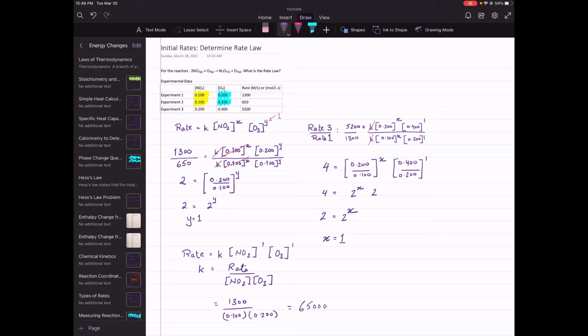Right? Now, one more thing to keep in mind is the units. The k's units will change depending on the order of the reaction. So, when we are actually solving for the value of k, it is recommended to keep the units intact in your calculation. So, I'm going to redo this calculation. I'm going to get rid of this because this will not help me figure out the units.